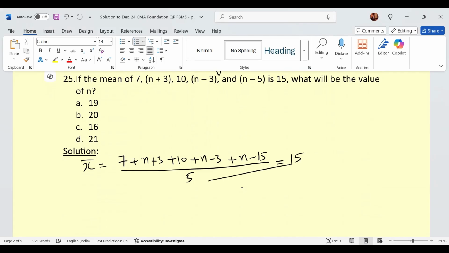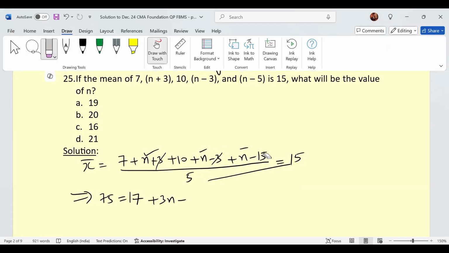So cross multiplying, we get 75 is equal to 7 plus 10, which is 17. Then n, it is 3n. This 3 and minus 3 get cancelled. Then minus 5 we have. Sorry, it is 5, not 15.